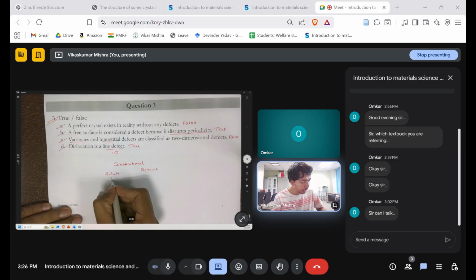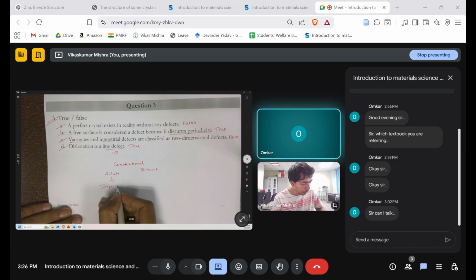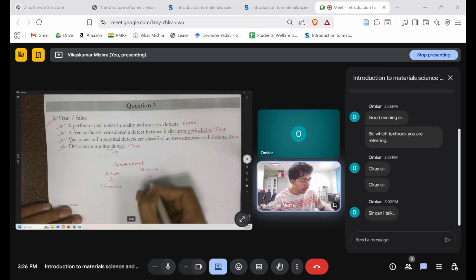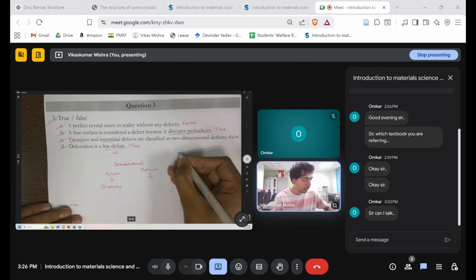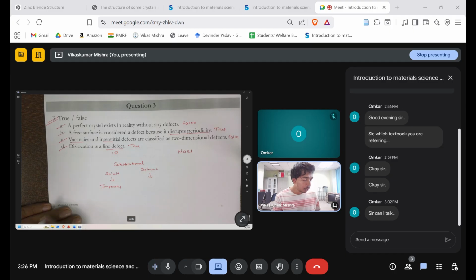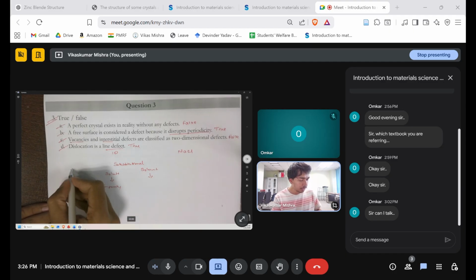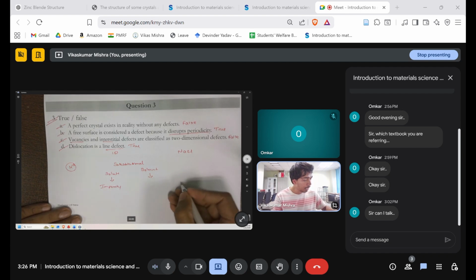Solute is like an impurity, and this is the pure. Let's say NaCl is the sample, and I am adding potassium in that. Sodium was there, chlorine is there: Na, Cl.